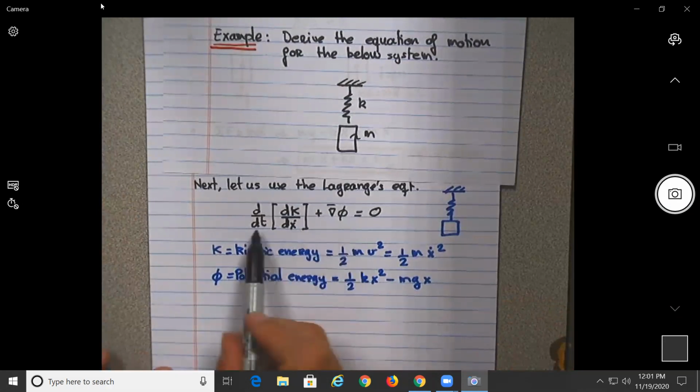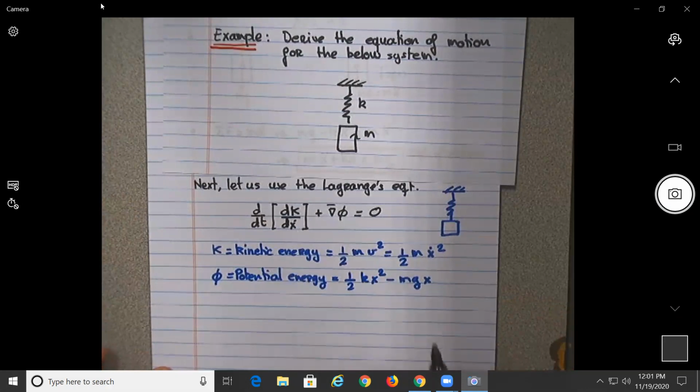All right, so let's substitute into this equation. Let's look first at the first term. Let's do one term at a time, and I think we can do both of them.